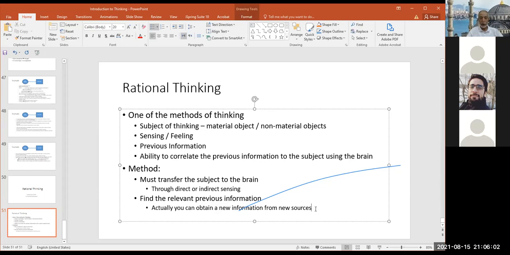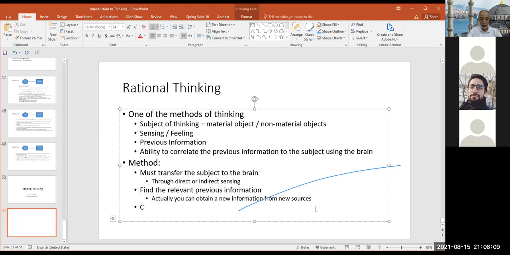And the last thing is to use the brain's property, the property of correlating information to subjects.